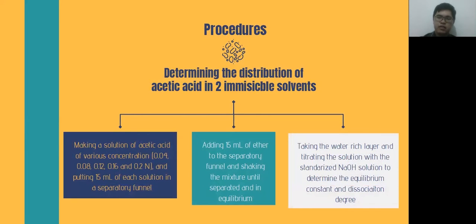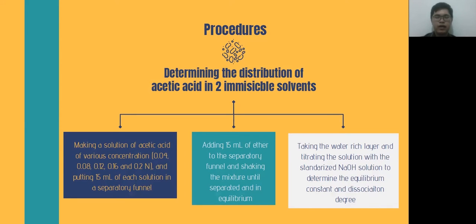The second process is determining the distribution of acetic acid into immiscible solvents. First, we make solution of acetic acid of various concentration, ranging from 0.04 to 0.2 normality, and put 15 milliliters of its concentration in a separatory funnel.